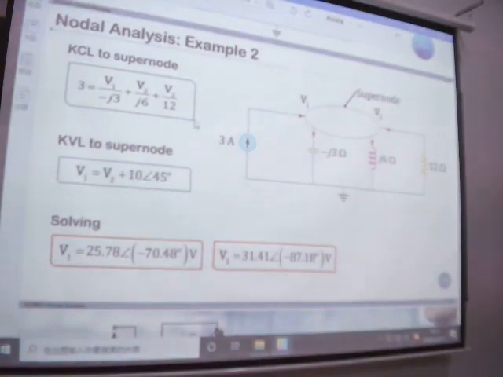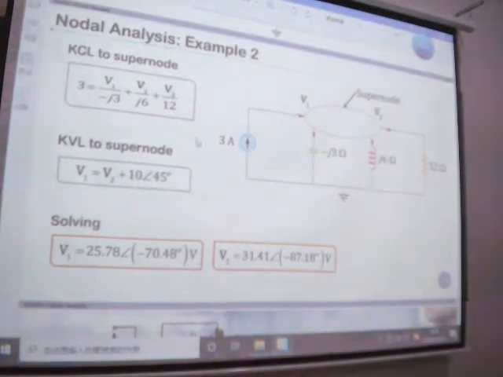Right? For the KCL at the supernode, we know the current going inside is equal to the current going outside. So the current going inside is 3, right? The current going outside should be the voltage difference V1 minus V0 over this one, and V2 minus V0 over this one, and V2 minus V0 over this one.